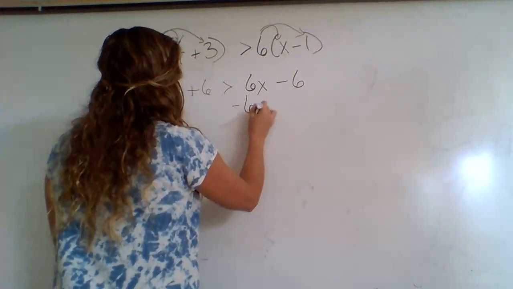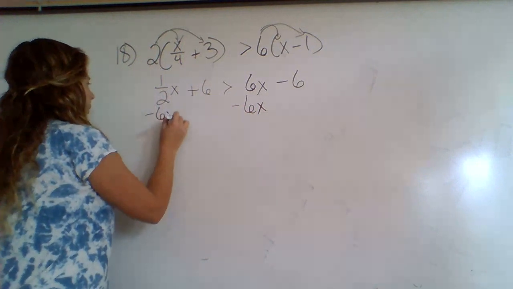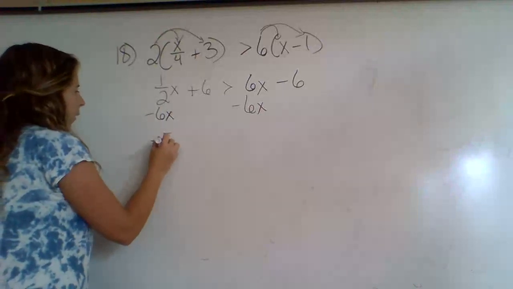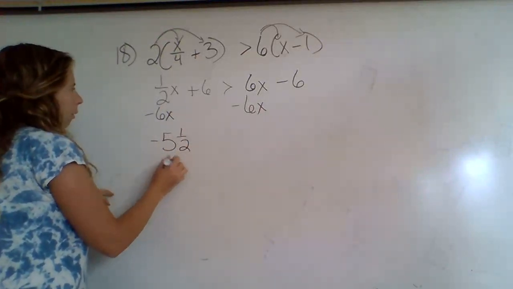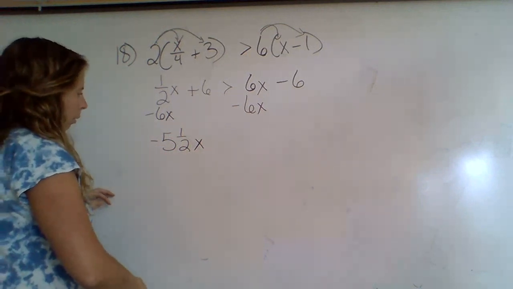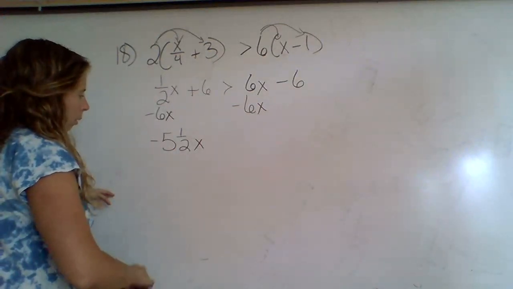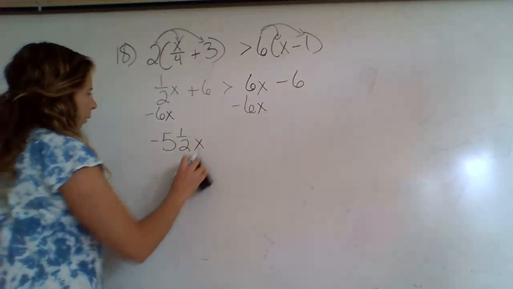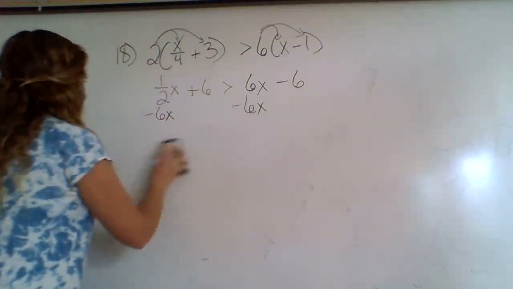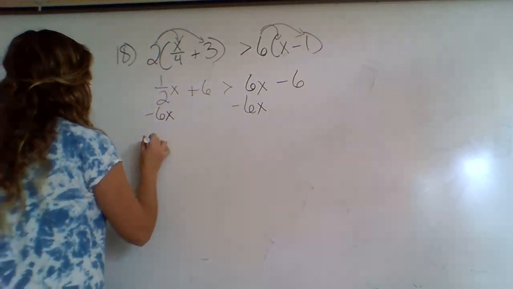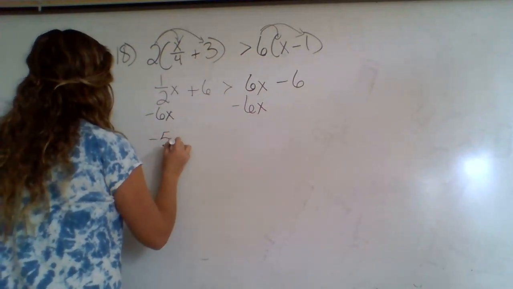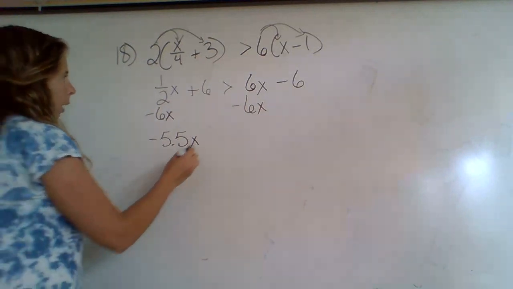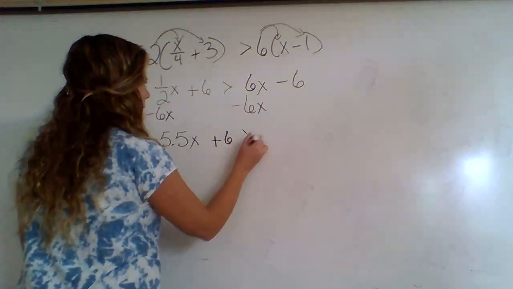So I'm going to subtract 6x. -6x plus 1/2 is -5.5x. I guess we'll do 5.5 for now. You could write it as an improper fraction if you want to. And then plus 6 is greater than -6.